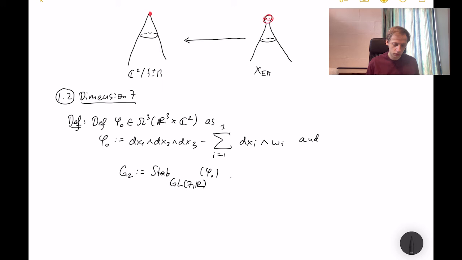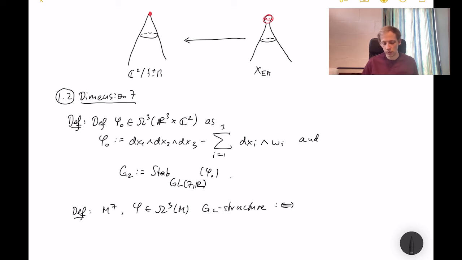So if we have a 7 manifold M and some 3 form phi, we say that this is a G2 structure if for all x there exists a linear map L such that L star phi 0 equals phi at that point.